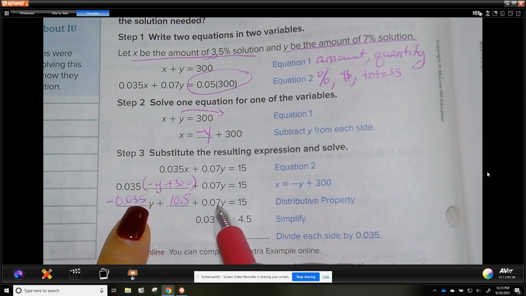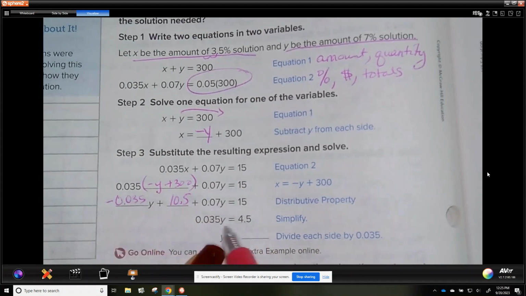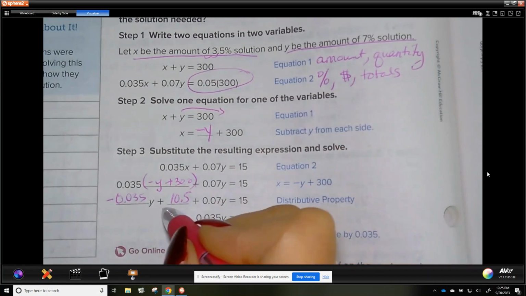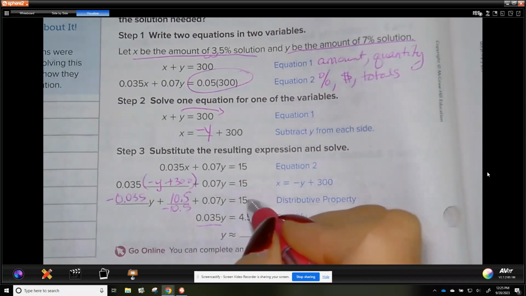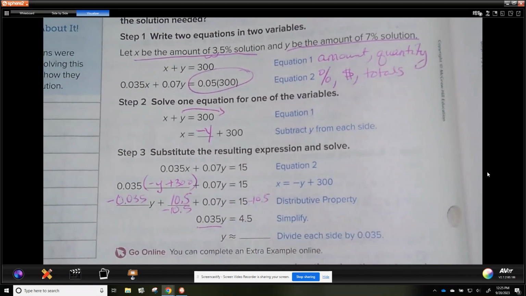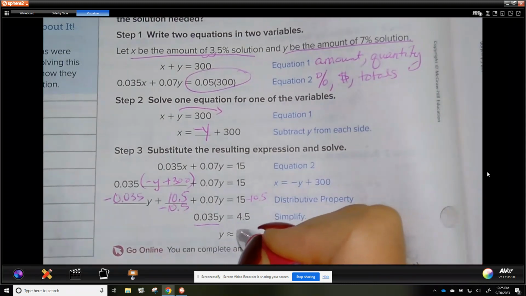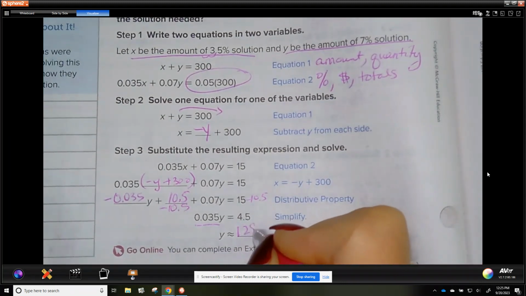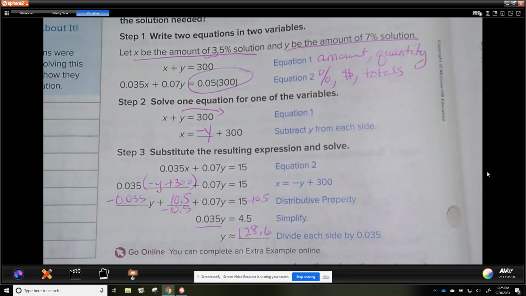So 7, 3.5, subtract it, we get this many y. Now we've got to subtract the 10.5. Got 4.5. 4.5 divided by 0.035 is about 128.6.